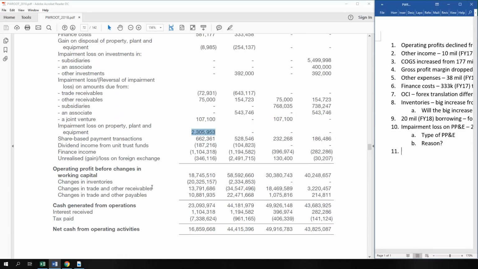For changes of working capital, as I mentioned before, we have to check changes in inventory. We want to be assured that Power Root can turn these inventories into big sales in FY19. For the other changes, we will check their notes respectively. Alright, basically we have finished reading the 3 financial statements.